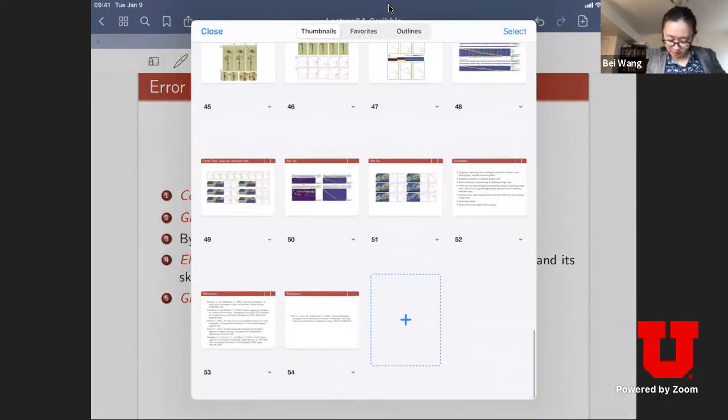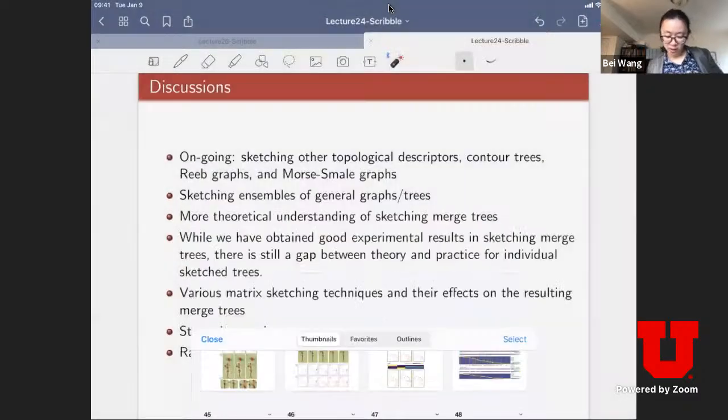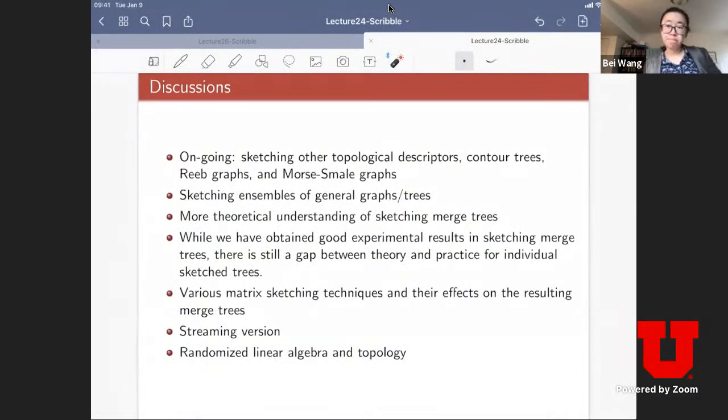And then the last one is that we also talk about using minimum spanning tree versus other types of spanning tree. We know which one works well in practice, but we don't really have a theoretical justification to say it's guaranteed to work well.